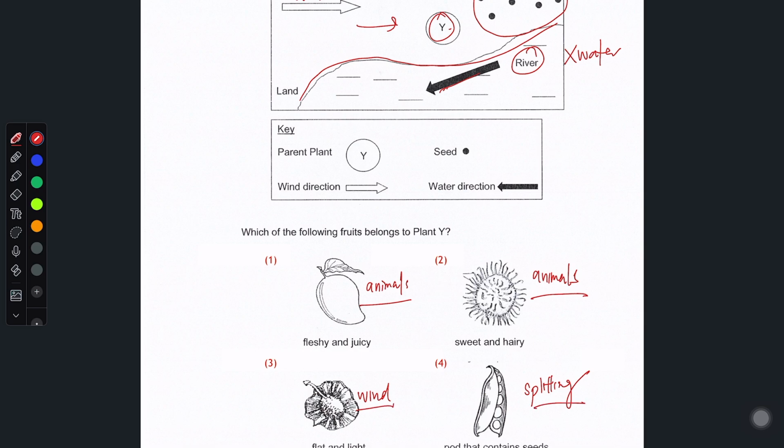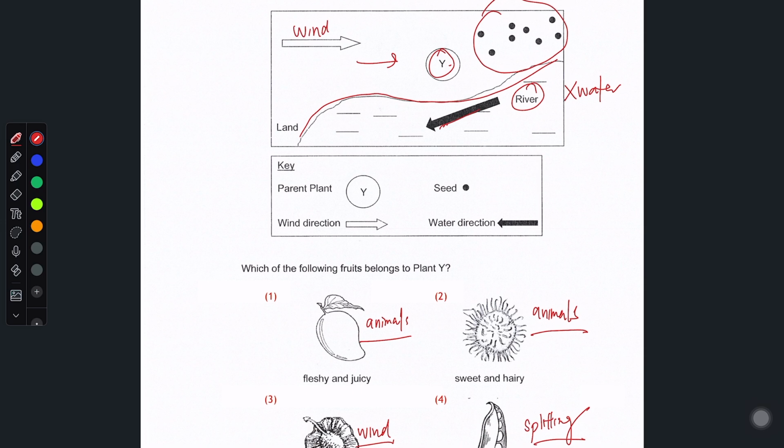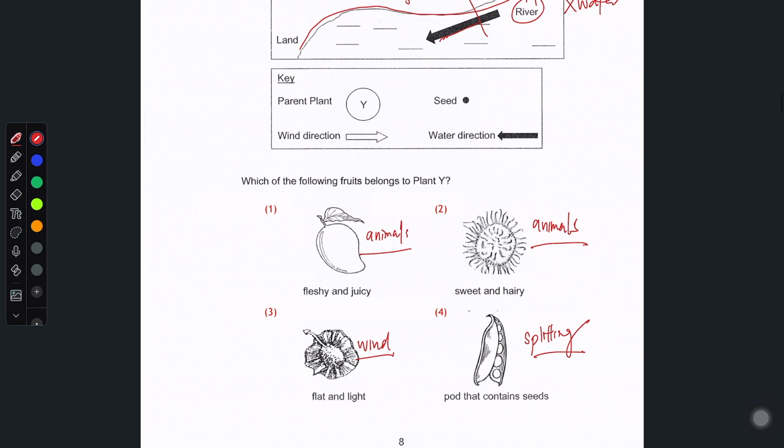If you take a look, the answer is probably wind, because in this portion you don't see any dots over here, so it means that it follows the direction of wind. So the answer is number 3 on this portion.